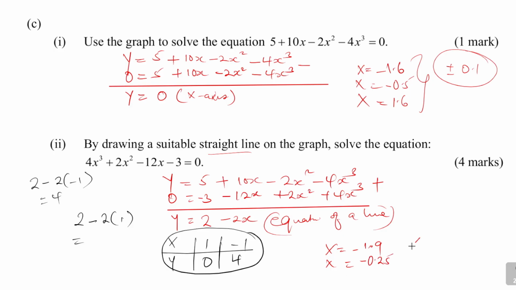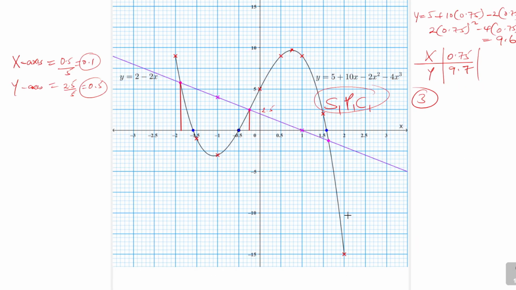And then we have the last point. This is the other point of intersection of the straight line and the curve. So you read the x coordinate. Ensure you go straight up like that.